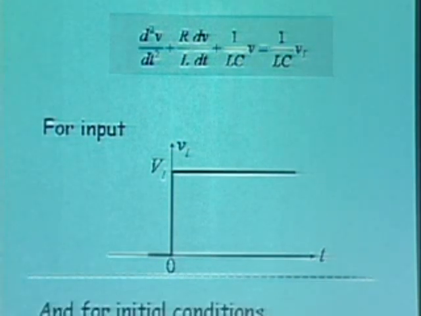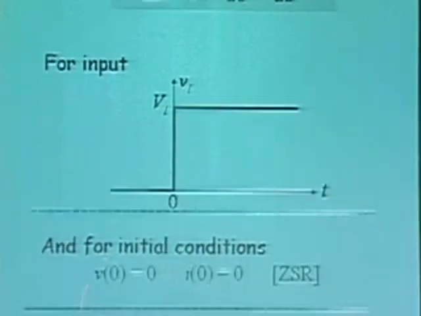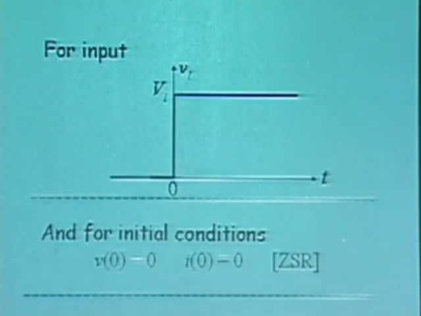And I'm going to go with initial conditions being all zeros. So the capacitor voltage is 0, and the inductor current, another state variable, is also 0. Therefore, this is also fondly called the ZSR, or the zero state response, because there is only an input but zero state. Again, remember the dashed lines here. Don't say I didn't warn you.